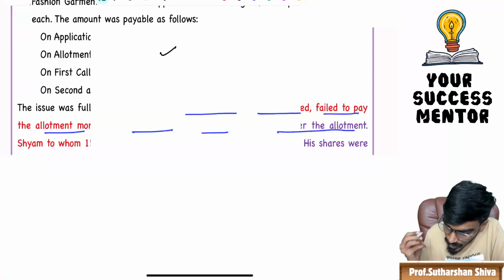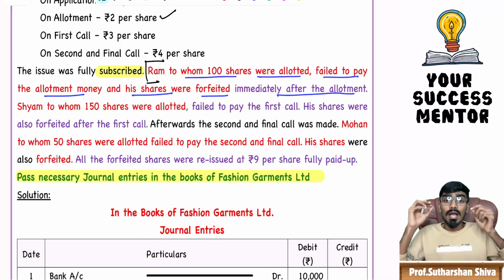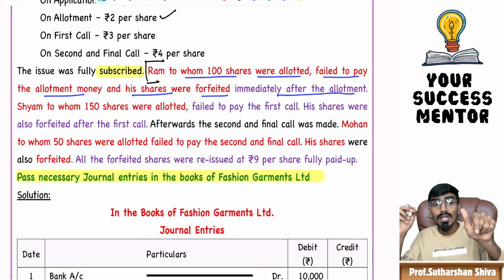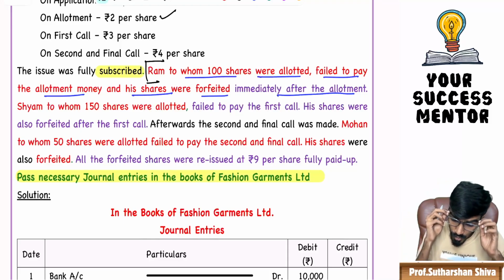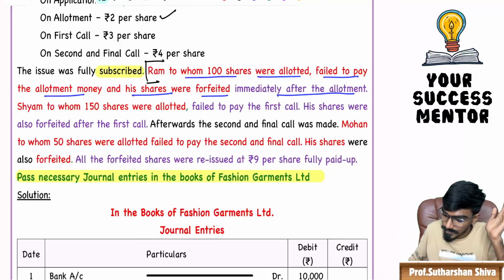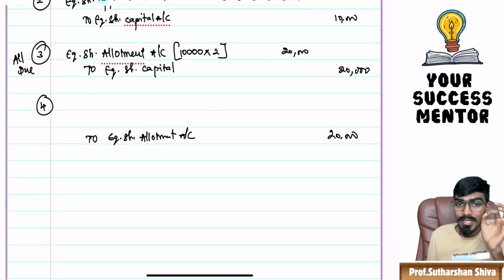Now the real point comes into the picture. What they are saying? Ram, to whom 100 shares were allotted, failed to pay the allotment money and the shares were forfeited immediately after the allotment. So he is not paying any money, correct? Yes, sir. Now, what do we need to do?